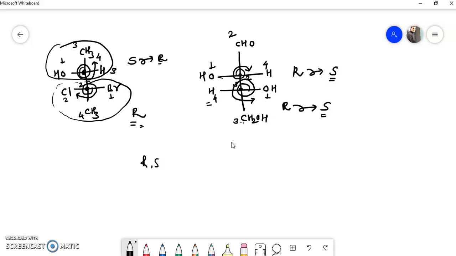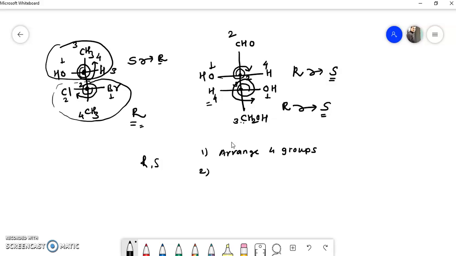I will just summarize the rule. First of all, you have to arrange the four groups as per the atomic number. Give the highest priority to that group which has the higher atomic number. Then second, if the two atoms are the same, then consider the next set of atoms. Calculate the overall atomic mass of the next set and then determine its priority.